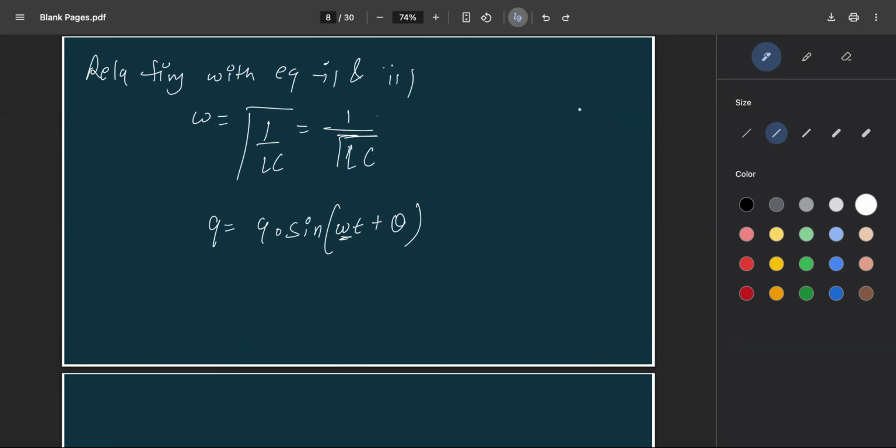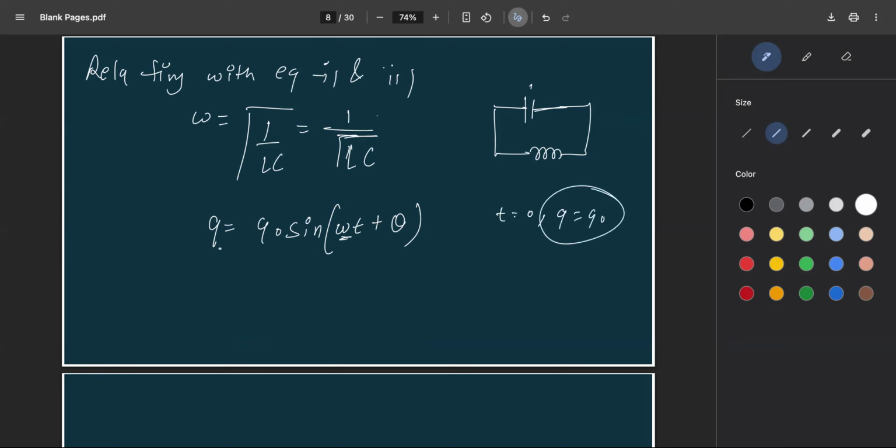For example, look at this carefully. When time is equal to 0, my charge q was q naught, the complete charge.